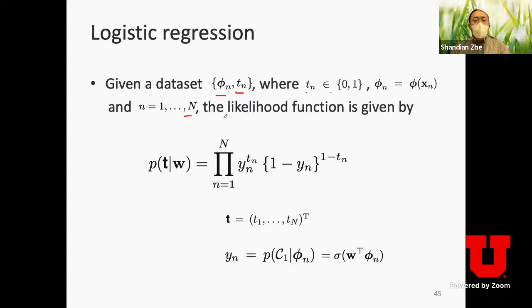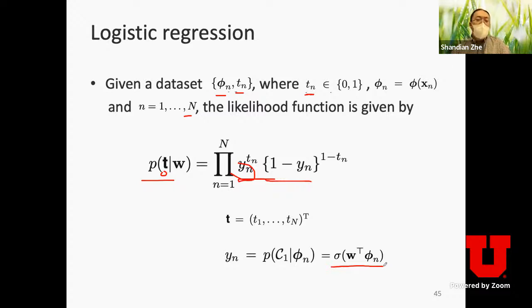We assume they are IID, so their likelihood, where bolded T consists of all the labels, is the product of the Bernoulli distributions. Each term in this product is y_n to the power of t_n, times 1 minus y_n to the power of 1 minus t_n. Here y_n is the probability, which is the sigmoid of your prediction score.